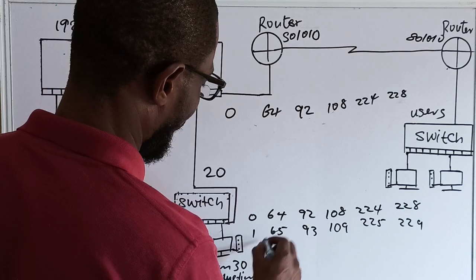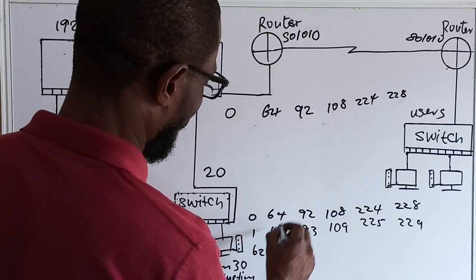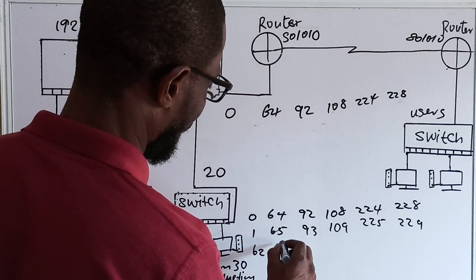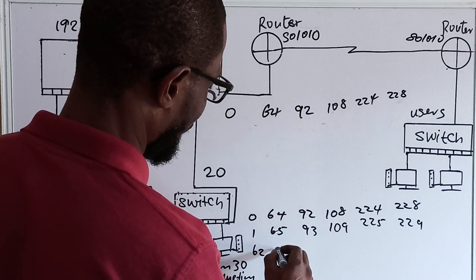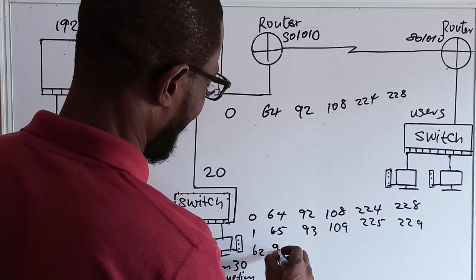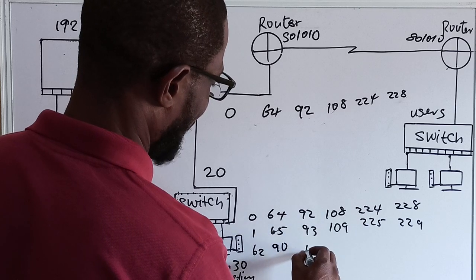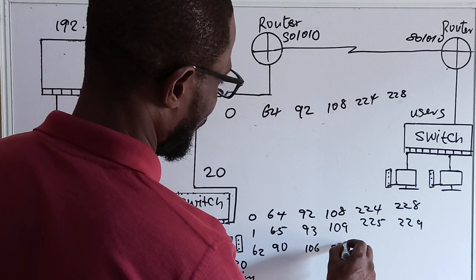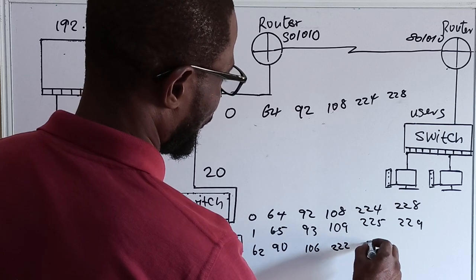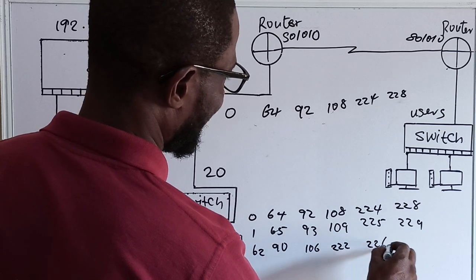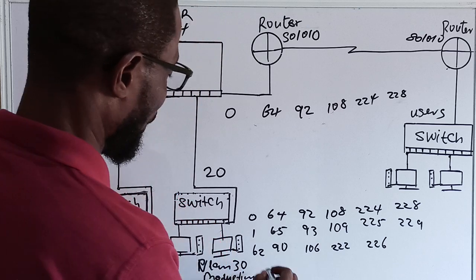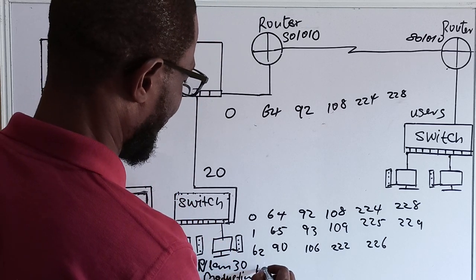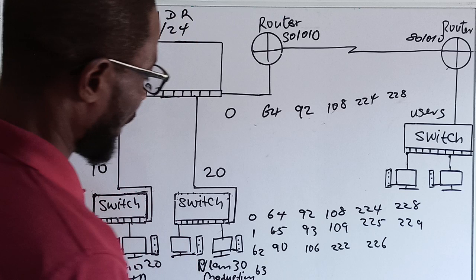Now you come here: 62, 94, 110, 222, 226. When you come here, there is 63, the broadcast address.